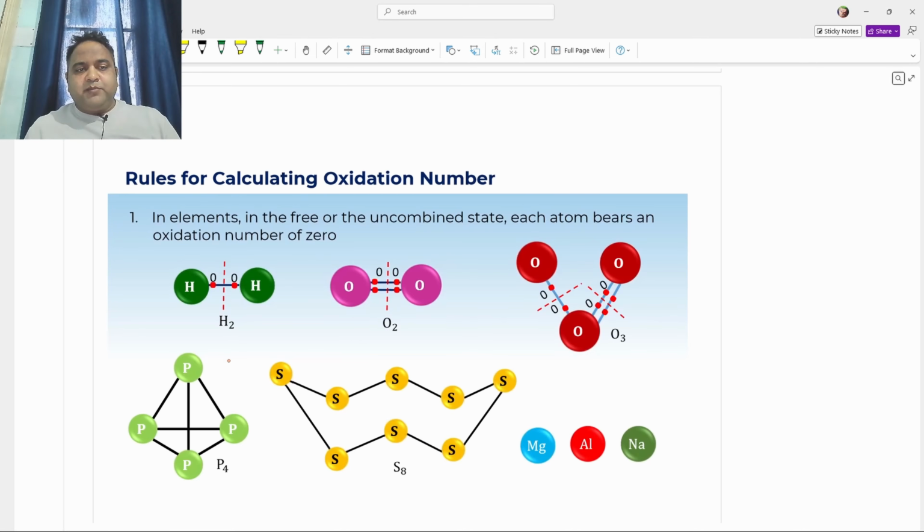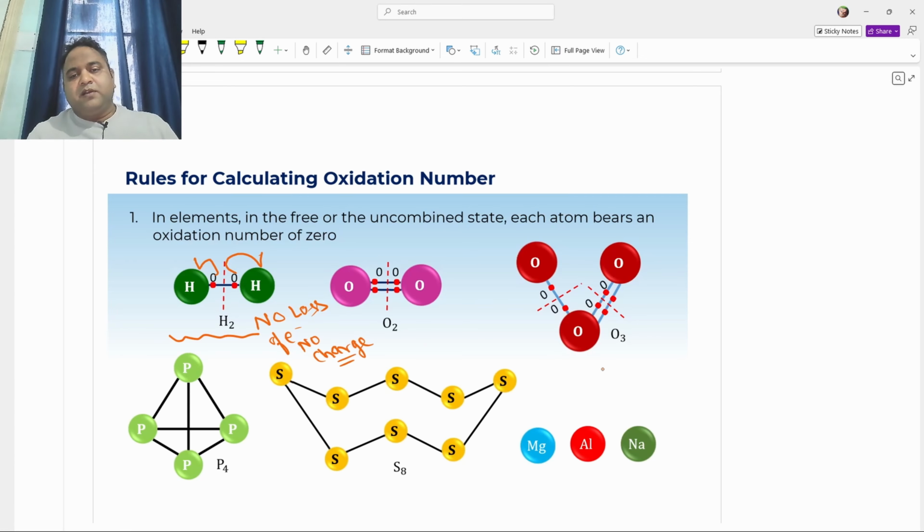If both atoms are identical, having the same electronegativity, the electron will be distributed equally. No loss, no gain, no charge. It means its oxidation number is taken as 0. See all the examples here, maybe hydrogen molecule, maybe oxygen gas.